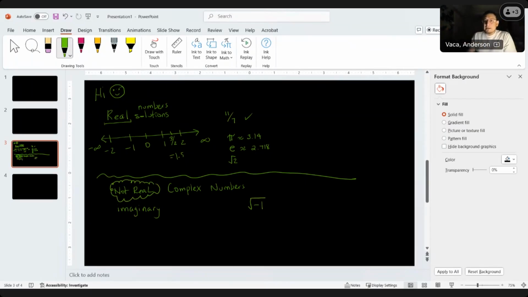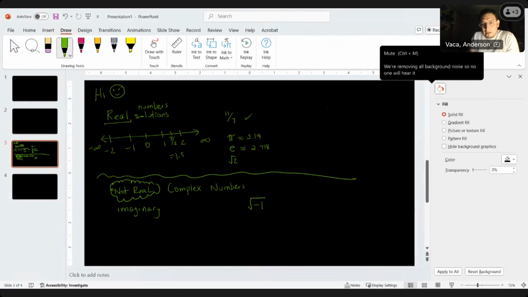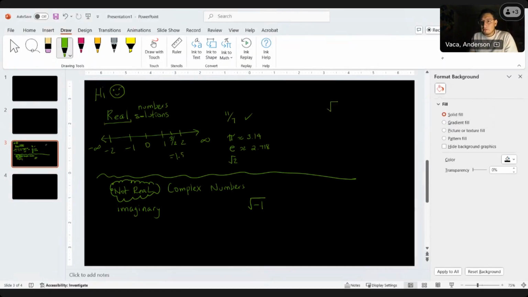Let me try to do my best to show you why this quantity is imaginary. The square root of 4 is equal to 2. The square root of 9 is equal to 3.